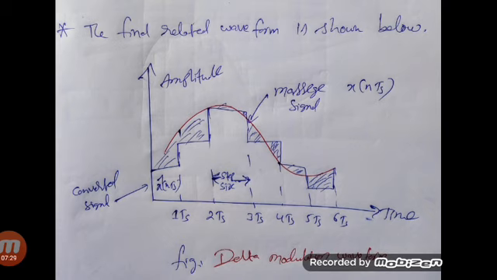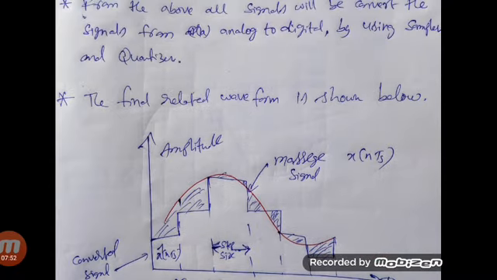So the overall concept of delta modulation is used to generate digital signals with the help of sinusoidal or message signals, and also to eliminate the unwanted noise, errors or signals.